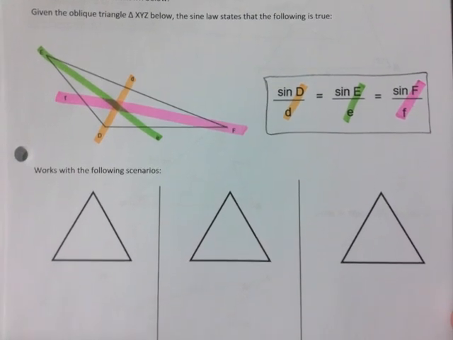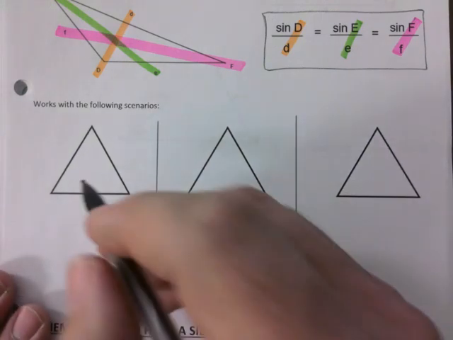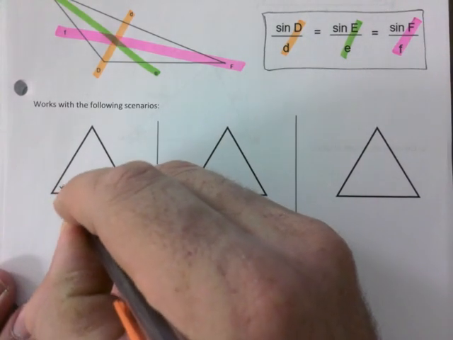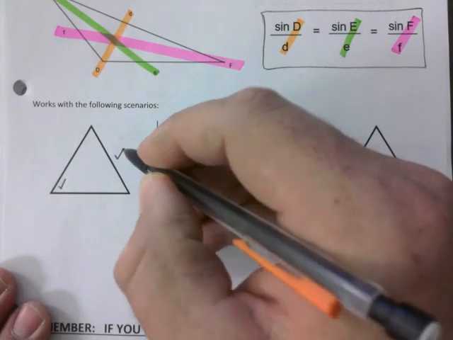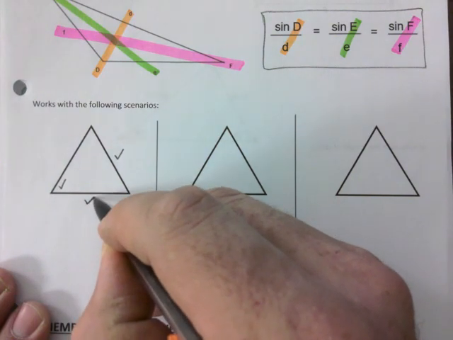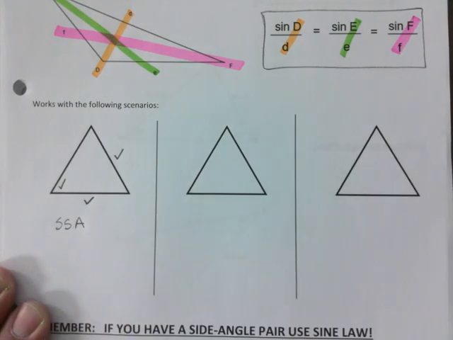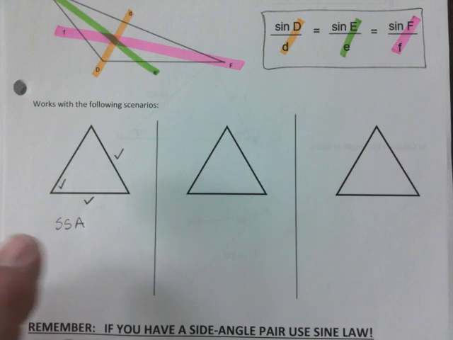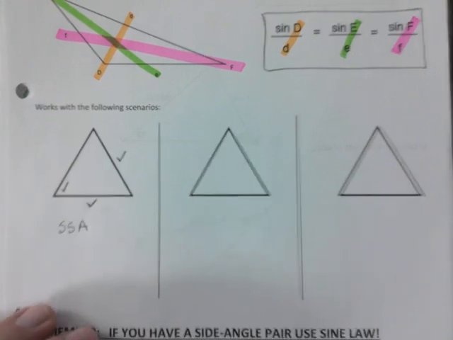And it works with the following scenarios. So this is when you have an angle and the side across from it and any other side, let's call this one here, that's an SSA, side side angle. Don't worry about what we call it too much. I'm not going to ask you to remember that, but in the math world we do have that.